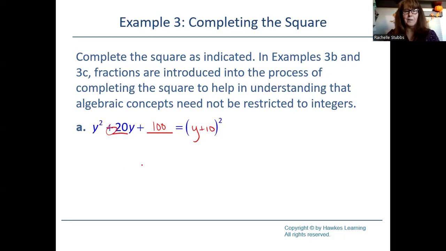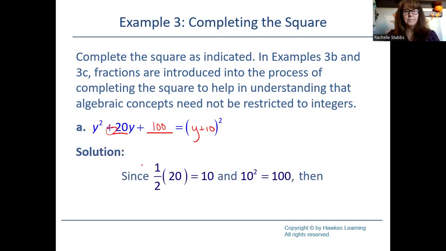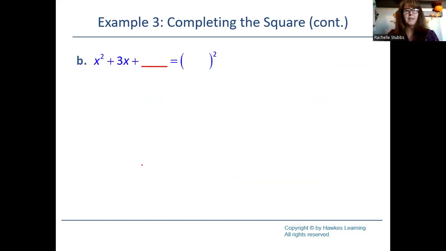So let's look at another one. There they show you half of 20 is 10, 10 squared is 100. All right, what is half of 3? Well, we're going to keep it in fraction form. We could say 1.5, but let's just keep it in fraction form as 3 halves. Okay, then square 3 halves. What do you get if you square 3 halves?